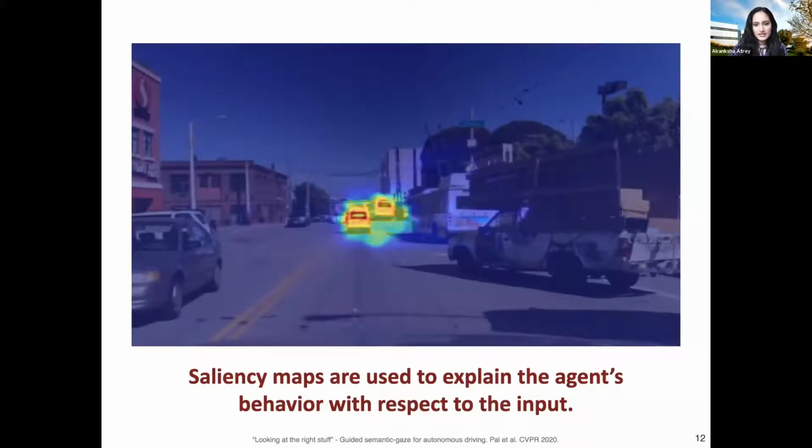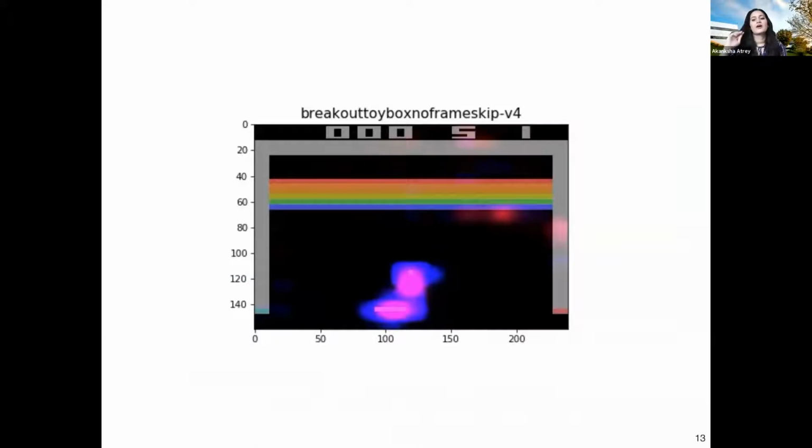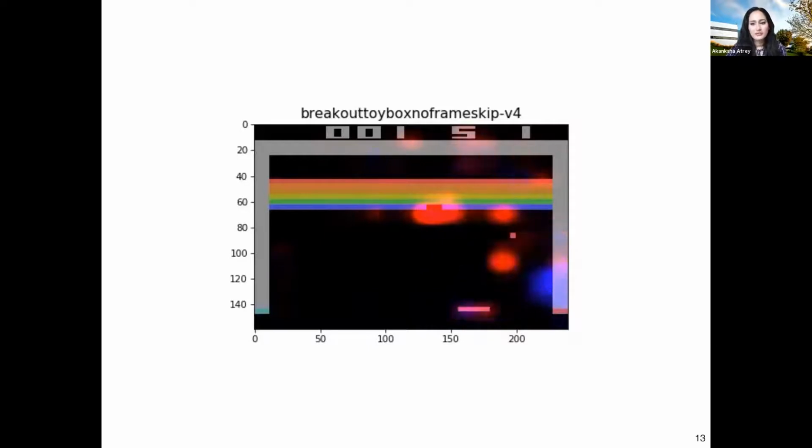So let's take another example in the context of the Atari game Breakout, which is a common deep RL test benchmark. This is a saliency video of a deep RL agent playing Breakout. Here the agent is the paddle and it's controlling the ball to hit the bricks.